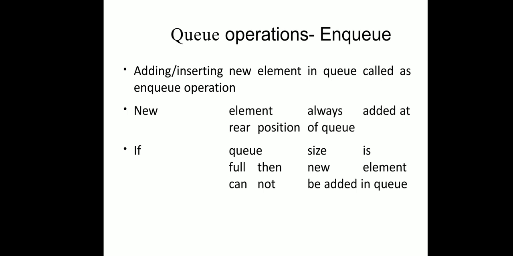The one thing you have to remember is that if the queue is full, then a new element cannot be added in the queue, and a new element is always added at the rear position, not somewhere in the middle. The rear pointer points to the location, and at that location the new element gets added. So this is called the enqueue operation.